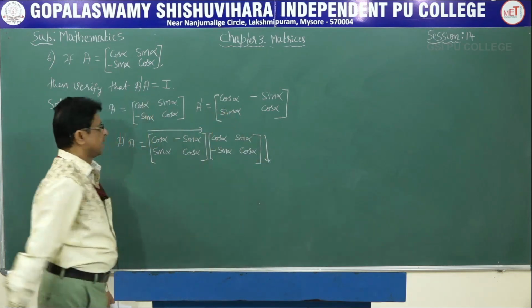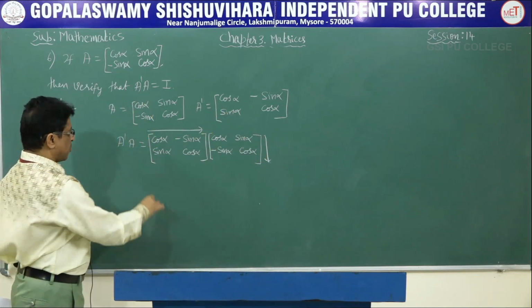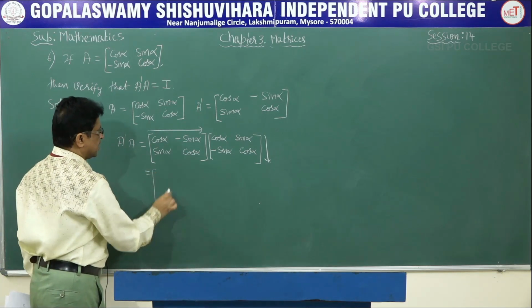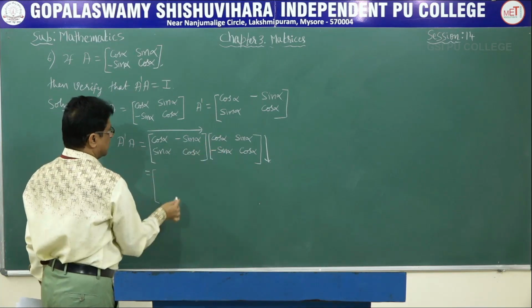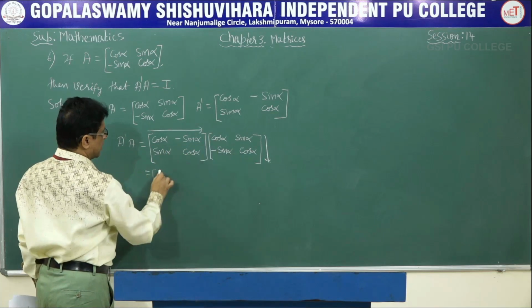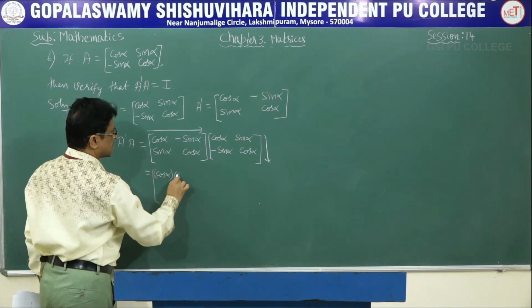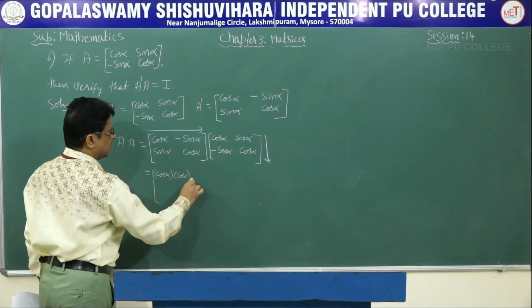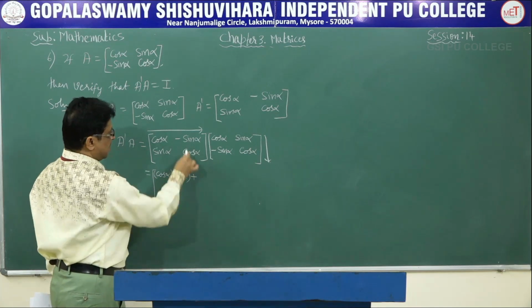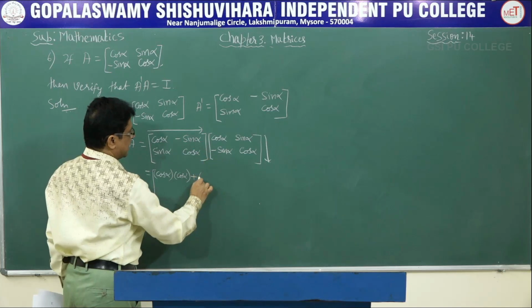Next we shall find the product of these two matrices, A dash into A, row into column. First row into first column: cos alpha into cos alpha plus minus sin alpha into minus sin alpha.